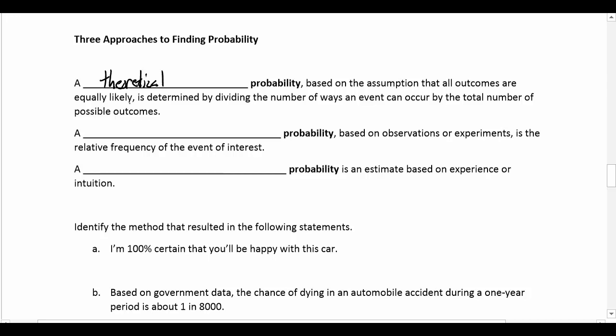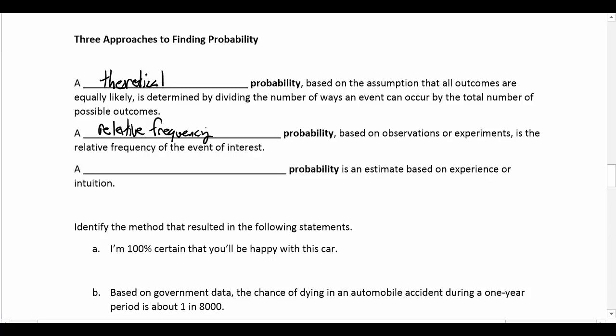We've also got something called a relative frequency probability. This is based on observations or experiments. So we actually go out and do the experiment and see what happens.